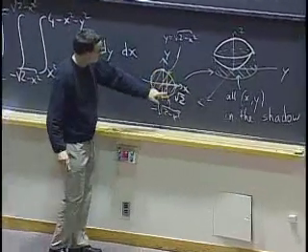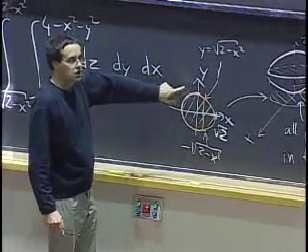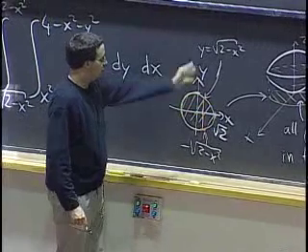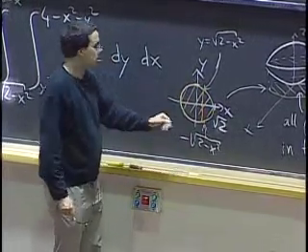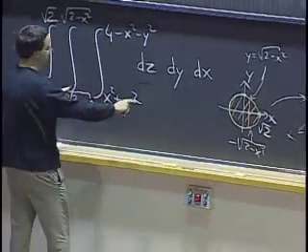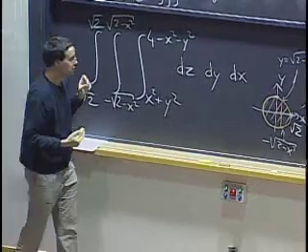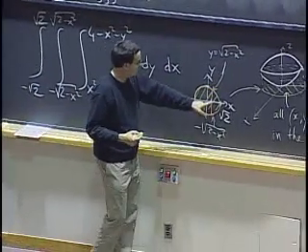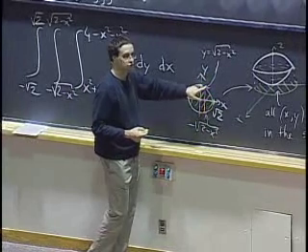Well, remember, we're setting up a double integral dy dx here. So when we do it dy dx, it means we slice this region of the plane by vertical line segments. So this middle guy would be what used to be the inner integral. In the inner integral, remember, you fix the value of x and you ask yourself, what is the range of values of y in my region?